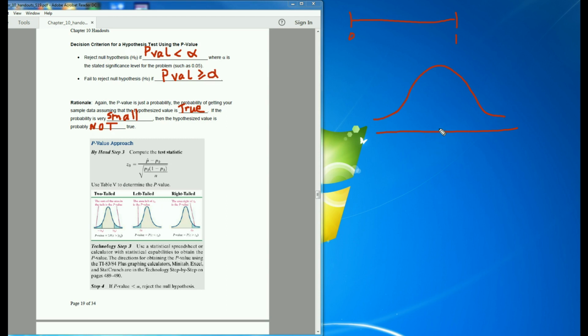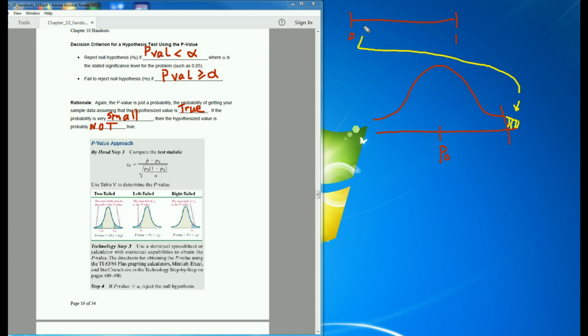So again, your hypothesized value, whatever it is, right here in the middle. If your test statistic, let's just say you're doing a right-tailed test, if your test statistic is way out here, and therefore that means that you just have a teeny tiny bit of area beyond that. Okay, so in this case, your p-value would be very small.